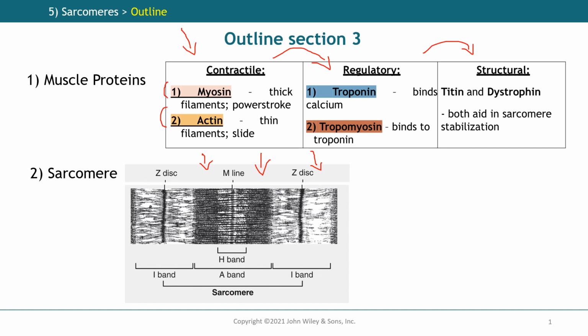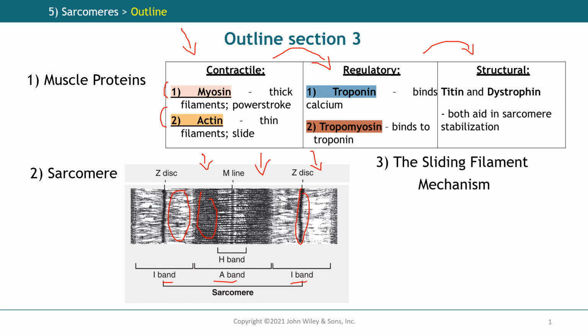So we are going to discuss why you have one region that looks white, while others look darker, and why you have lines like this.